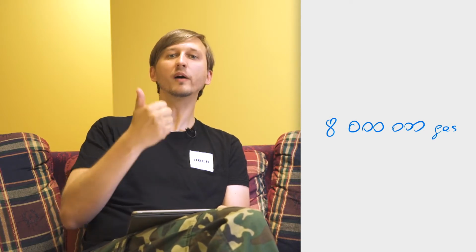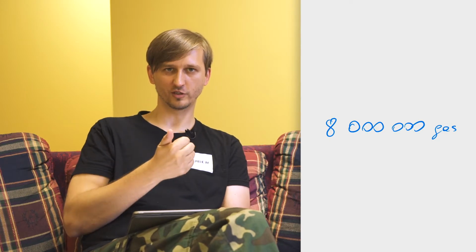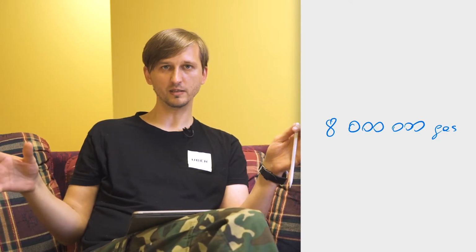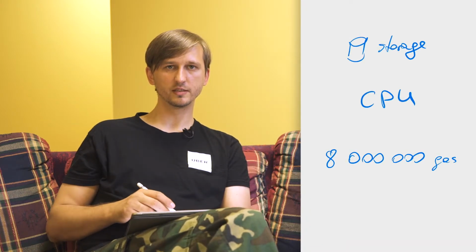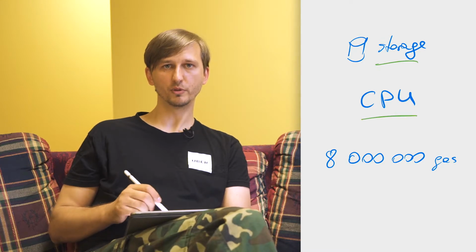So even if it were one transaction for one smart contract that is really complicated, that would not work, because a complicated smart contract could eat more than 8 million gas, and the blockchain would never store that transaction. That's a big problem, because we are not able to create more complicated solutions on blockchain these days. The question is why? The answer is that in Ethereum gas means not only space but also CPU, computational power.